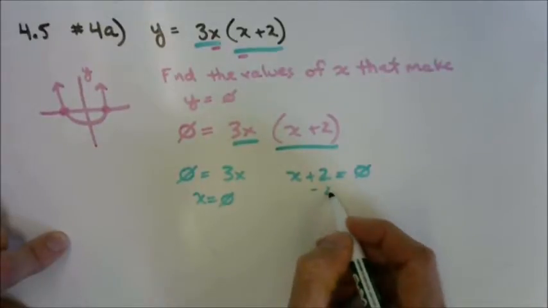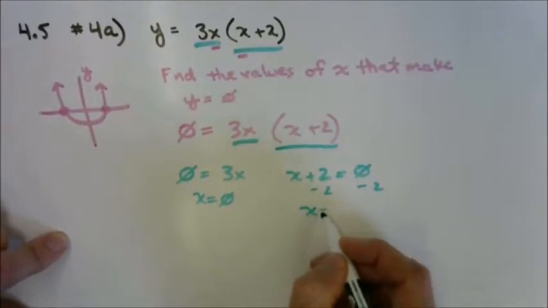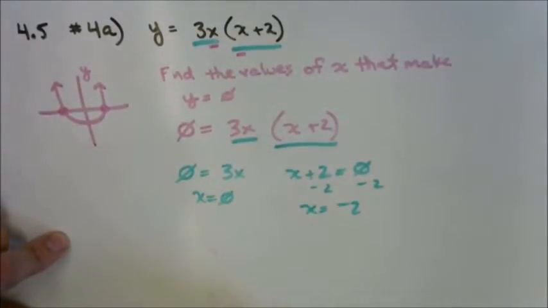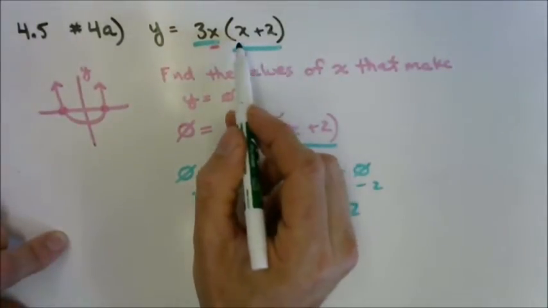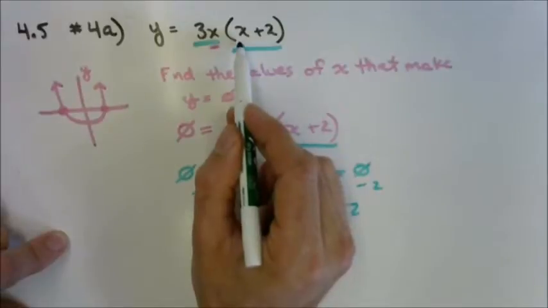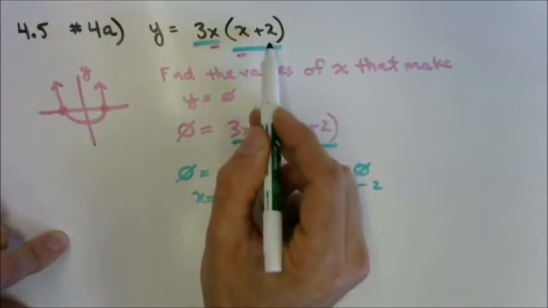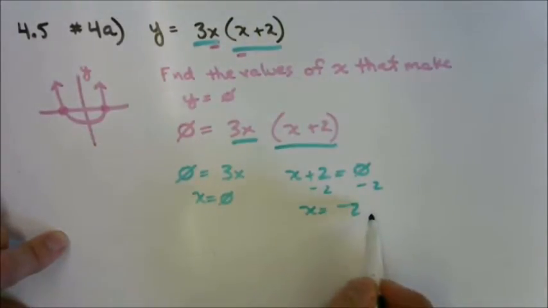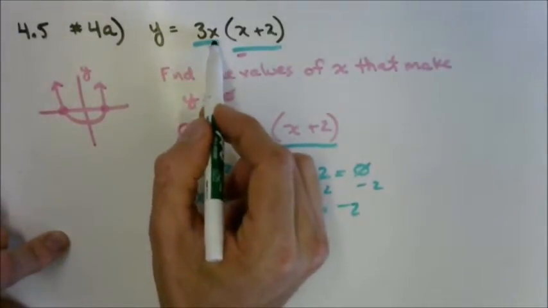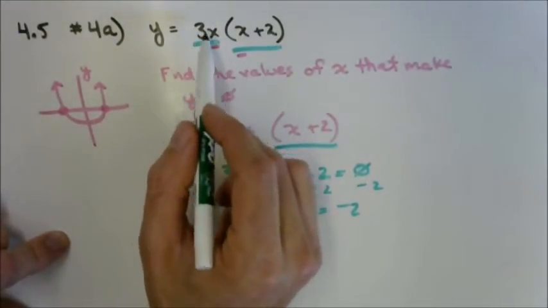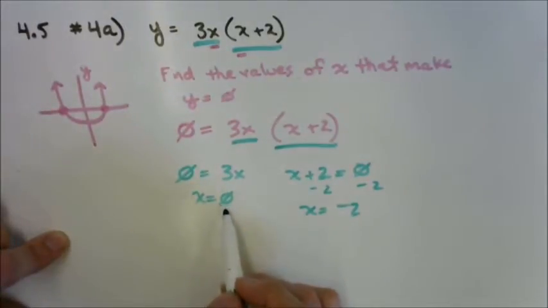If we just subtract 2 from both sides, we get x equals negative 2. So we know one of the x-intercepts is negative 2. The other one is the value of x that makes this factor equal 0, which is 0.